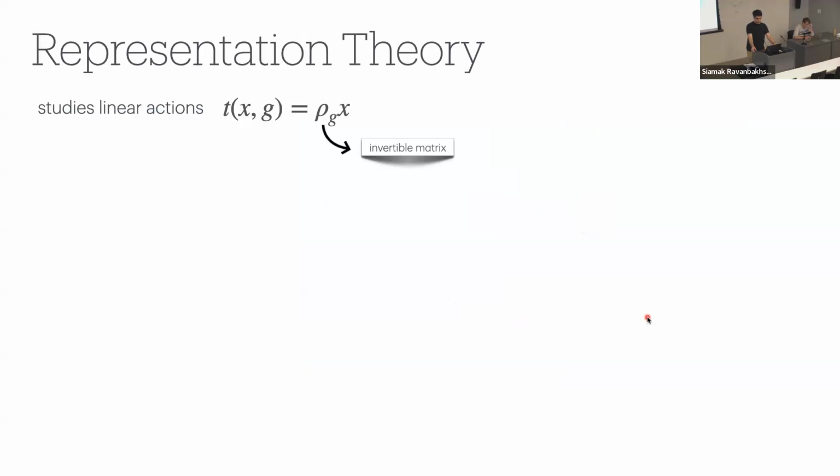A special type of action that is very well studied and is quite relevant for the design of invariant and equivariant networks is the linear action of a group, which means that this transformation can be written as a matrix multiplication. So for each element of the group, we have this invertible matrix rho that we call a representation of this group.